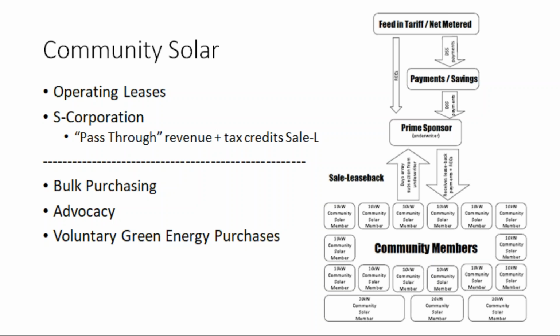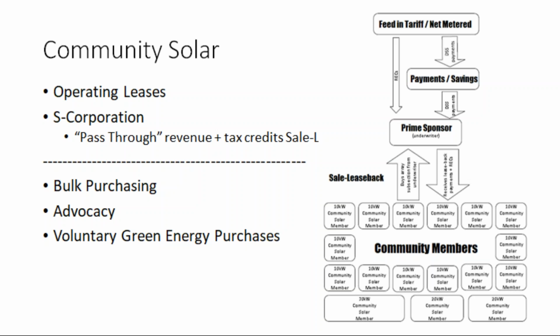What an operating lease lets you do is not have all those upfront investors when the array comes out of the ground, but allows you to sign up people after the project has been built. And you can either do an operating lease as a sale leaseback, where they're giving you a lump sum amount of money up front and you're making payments based on their buy-in.